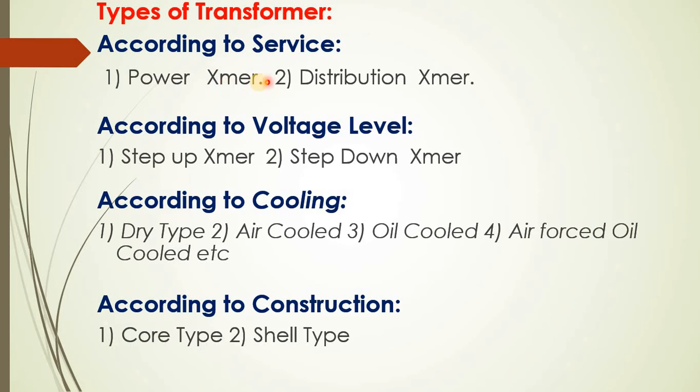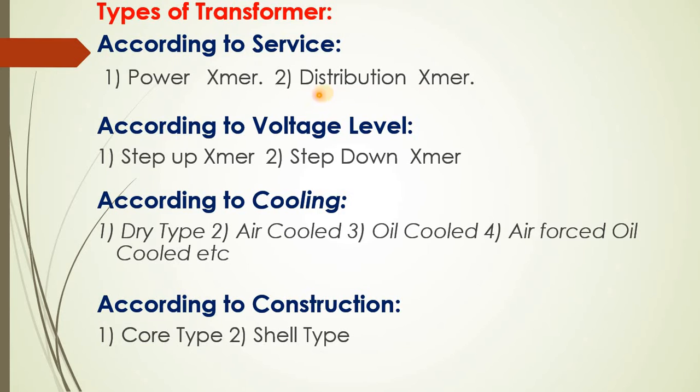They are located near the generating station or at the ends of the transmission line, that is, the sending end and the receiving end of the transmission line. These transformers have a very huge rating, that is, an MVA rating.